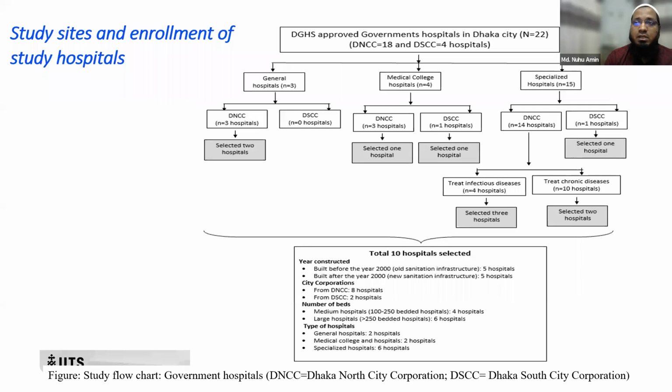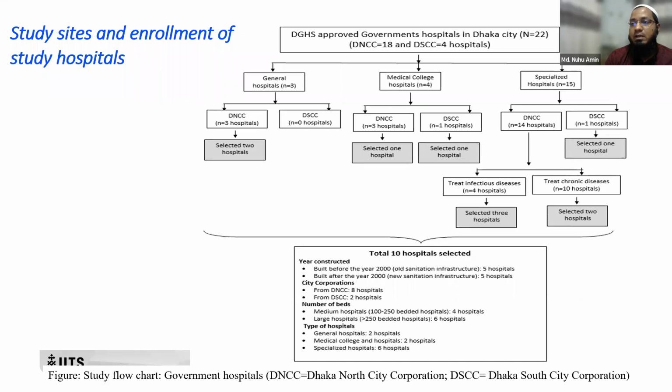The general hospitals are also divided into 2 geographical areas, Dhaka North City Corporation and Dhaka South City Corporation, which is DNCC and DSCC. We will try to select at least 1 hospital from each geographical area. In the bottom box, you can see that finally we will select about 10 hospitals, and there will be a few categories within these 10 hospitals.